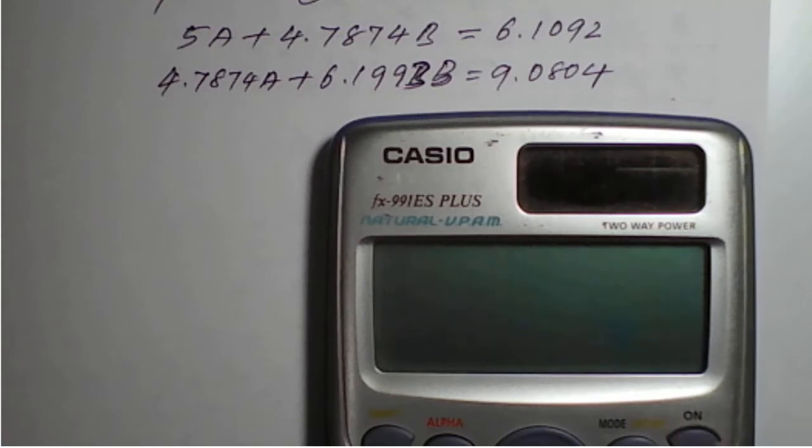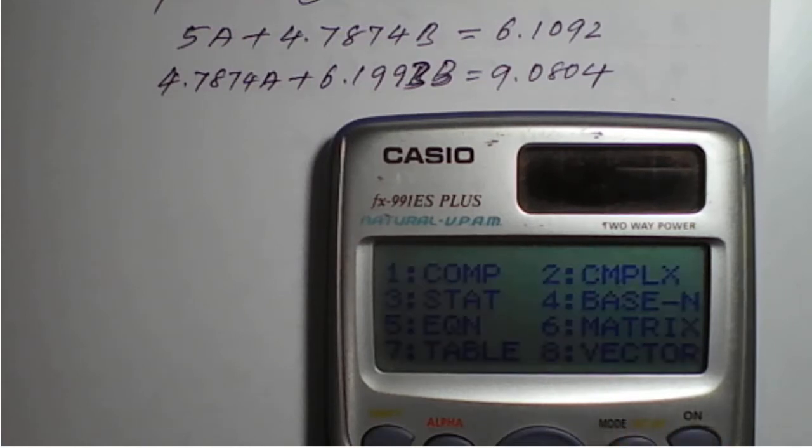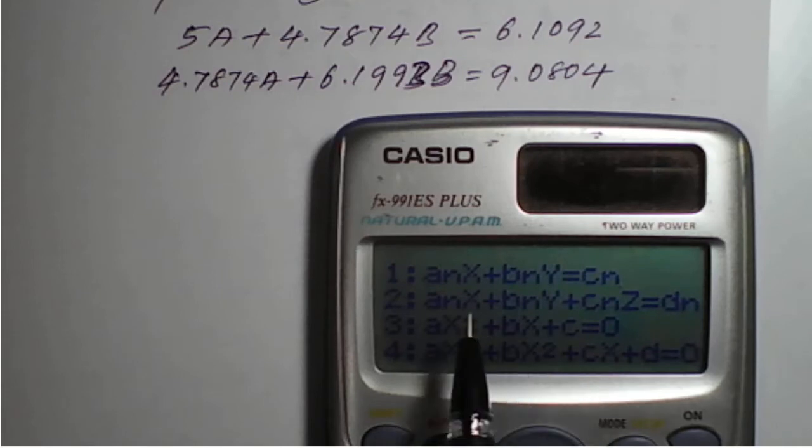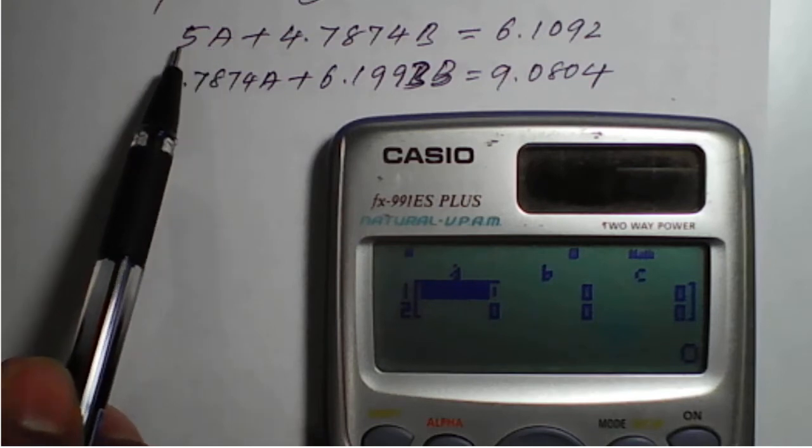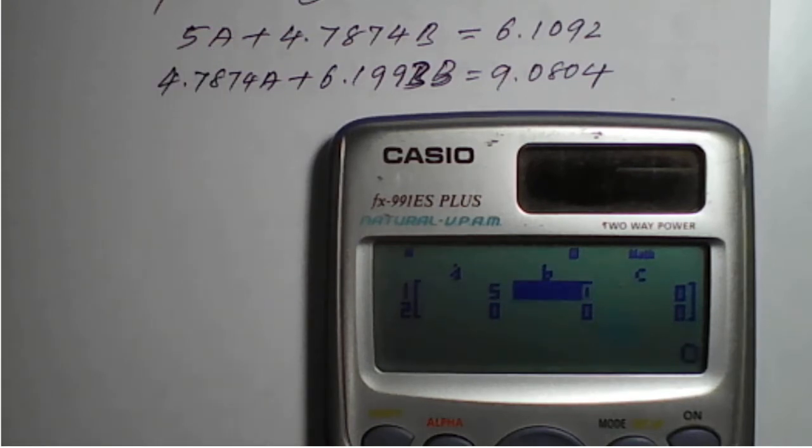Now we'll use a calculator for this. Mode, option 5, equation. We have two unknowns. The coefficients of capital A are 5, then 4.7874, and the constant is 6.1092. Then the second equation coefficients are 4.7874, then 6.1993, and then 9.0804.